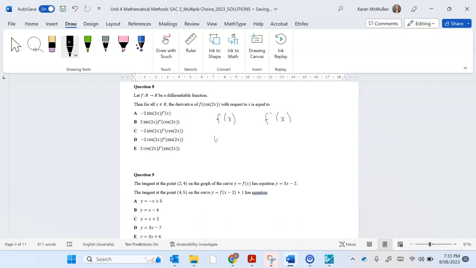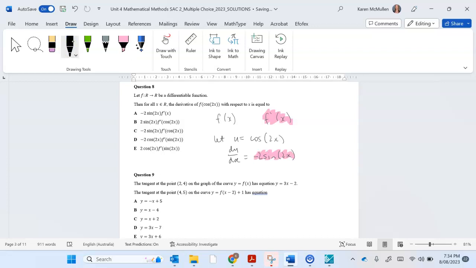So we're going to let u equal cos 2x. So du dx is equal to negative sine, whoops, not negative sine, negative 2 sine 2x. So your derivative is going to be your derivative of f times the derivative of cos 2x.